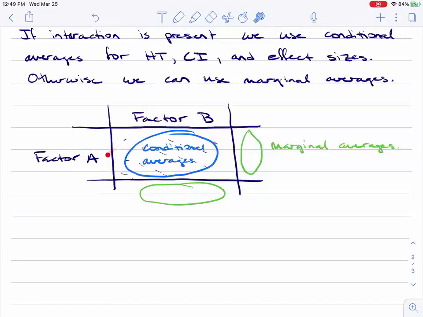But if we're saying that there is an interaction between these two factors, then we should be looking at, conditional on factor B being in group 1 and factor A being in group 2, maybe over here, what's our effect size? Can we do a hypothesis test? And so then we would look at the conditional averages.